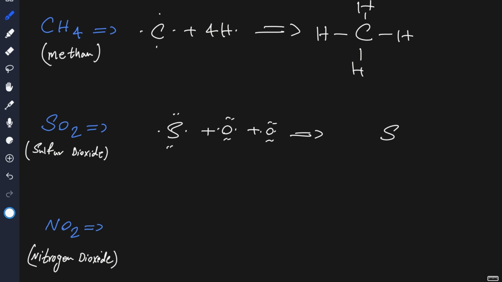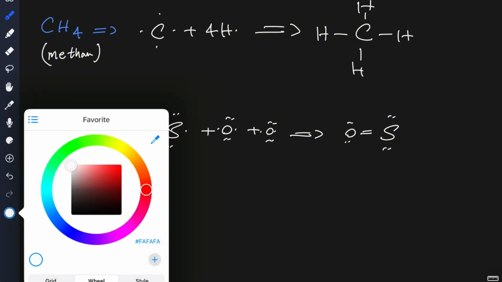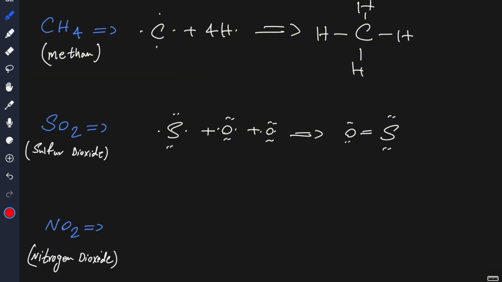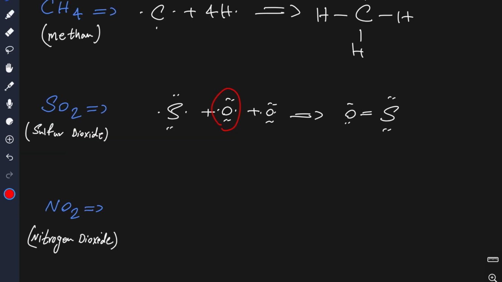So 1 electron makes one double bond with one oxygen, and the other oxygen makes this form.